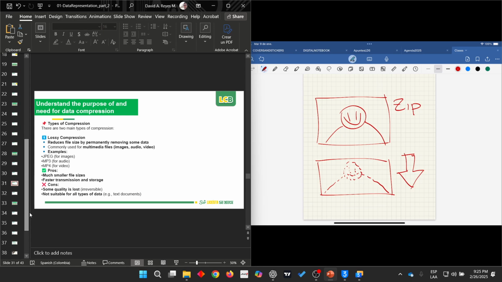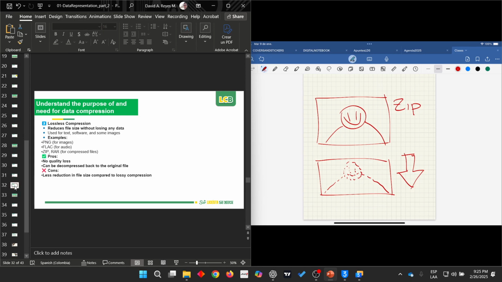I already explained this. Now we have lossless compression. Lossless compression is obviously going to do the same. It's going to reduce your image size, but when the picture is downloaded by your classmates, you are going to have the same quality.